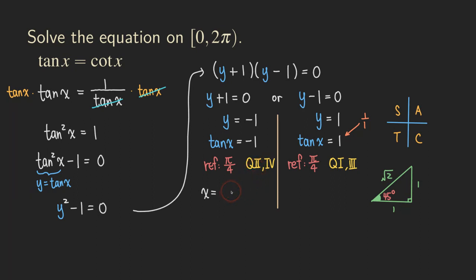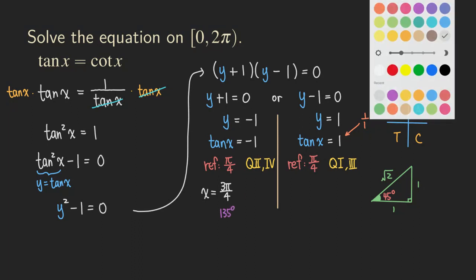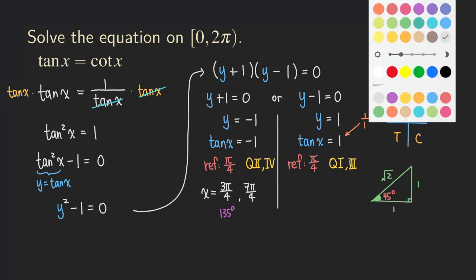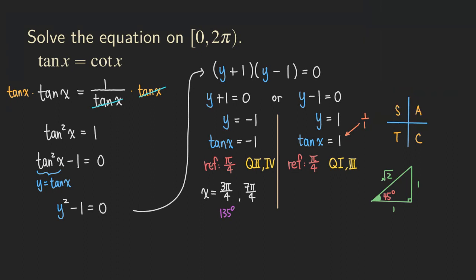That's actually 3 pi over 4. So that's our first solution here, 3 pi over 4. And that actually is 135 degrees. What about the other one? The other one is an angle in quadrant 4 with a reference angle of pi over 4. And so that would be 7 pi over 4. And in this case, this is actually 315 degrees.